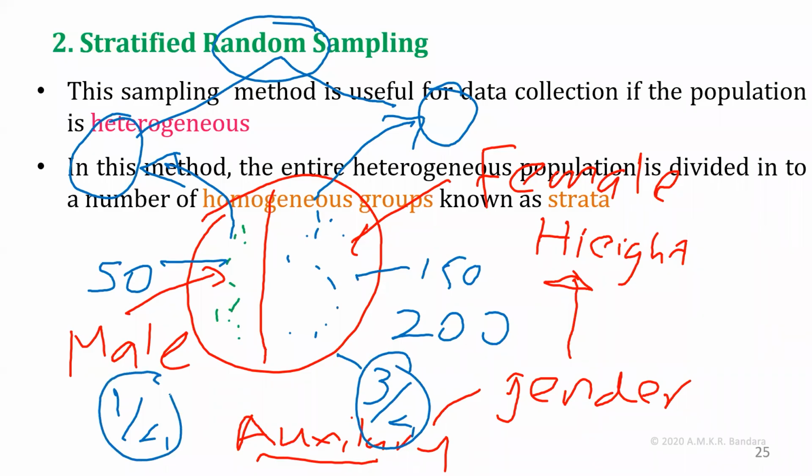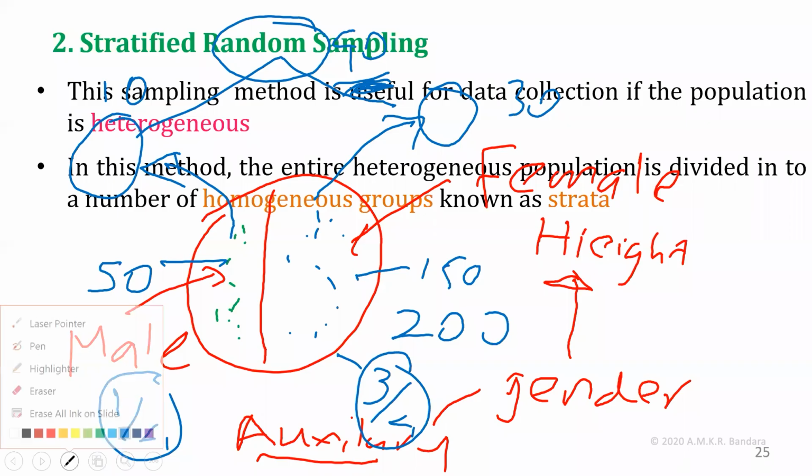So if you are targeting to grow a sample of 40, then you can select 10 males, which corresponds to the population proportion, 1/4, and 30 females randomly within your batch. So the selection of these 40 individuals will be very fair. It will represent your population, your student population.